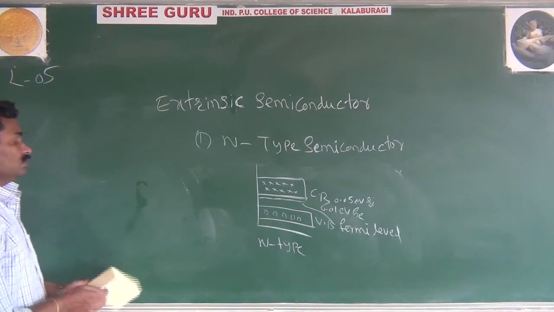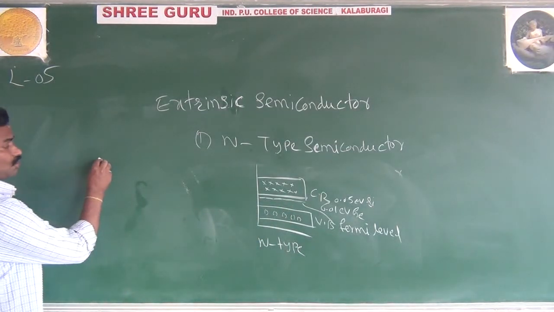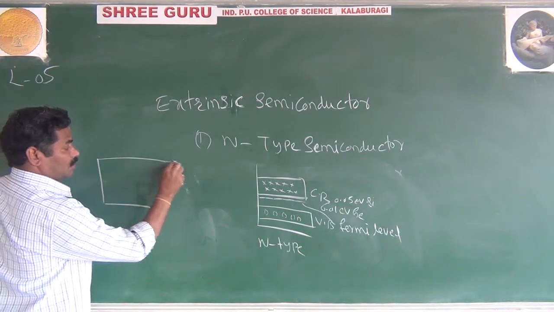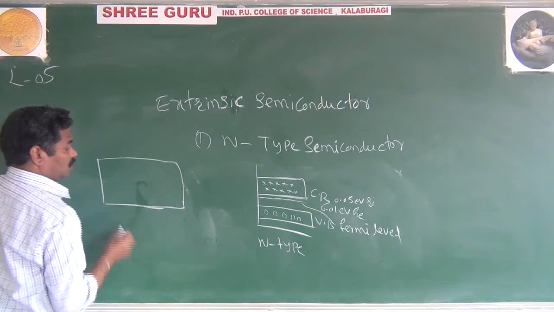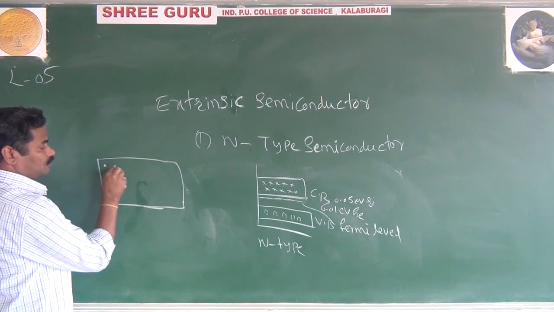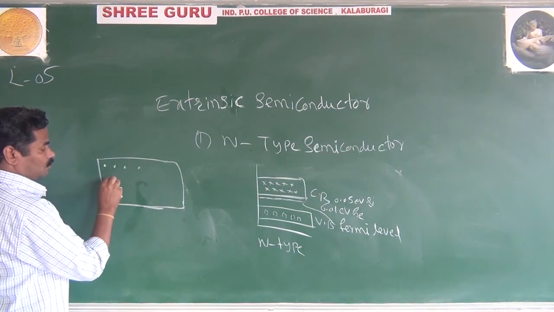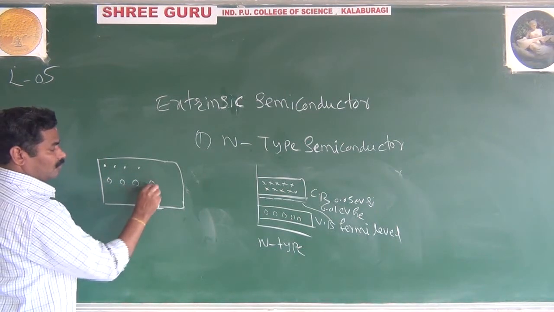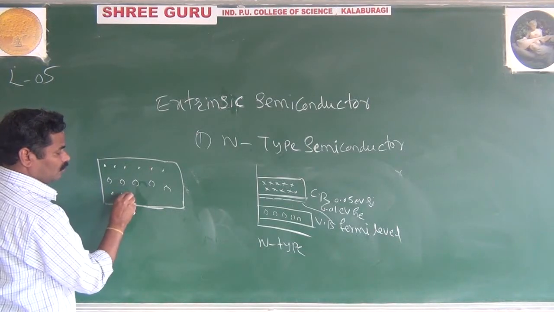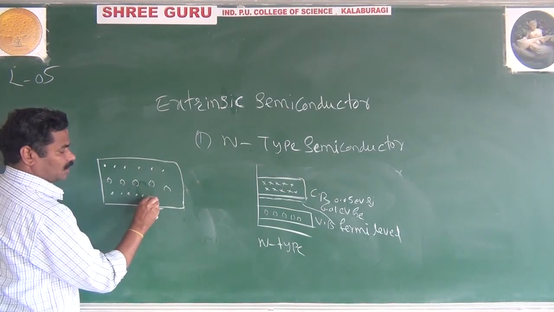If you draw what is inside the entire semiconductor, you have electrons and also holes. No doubt you have electrons as majority carriers.